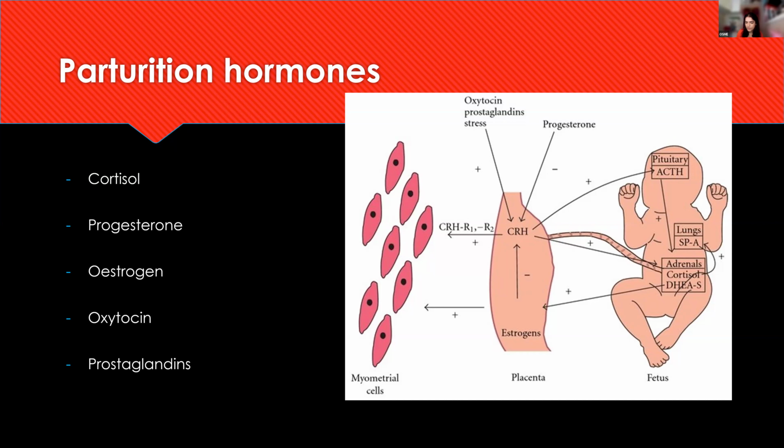You can see the role of placental cortisol. Maternal cortisol increases, placental CRH increases, and this can be seen as CRH concentration is higher in women who deliver early and lower in women who deliver later. This was also shown in sheep. So now moving on to progesterone.